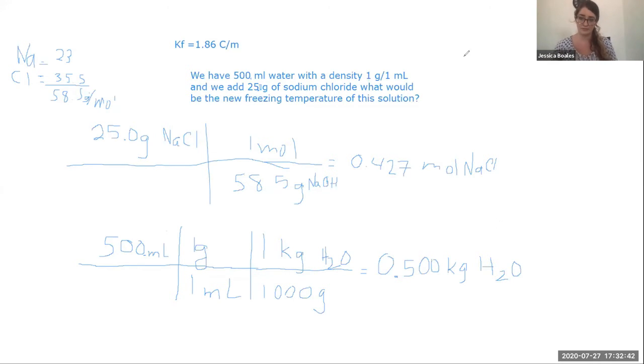Okay, so I want to determine the molality, little m. It's going to be equal to moles over kg. So then that's going to equal 0.427.